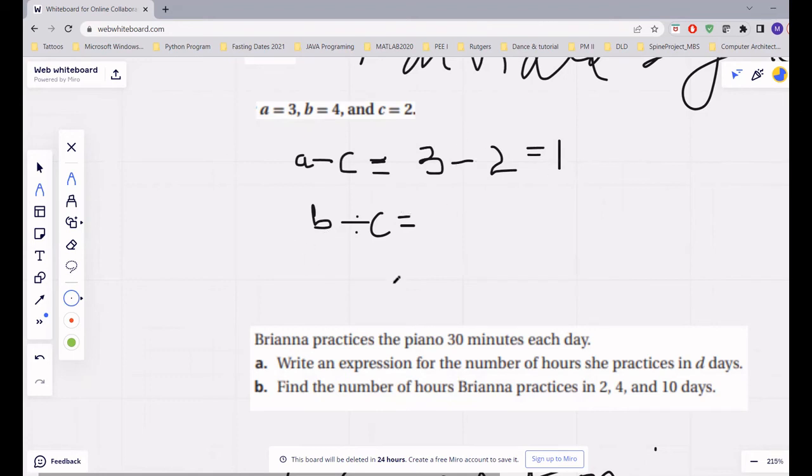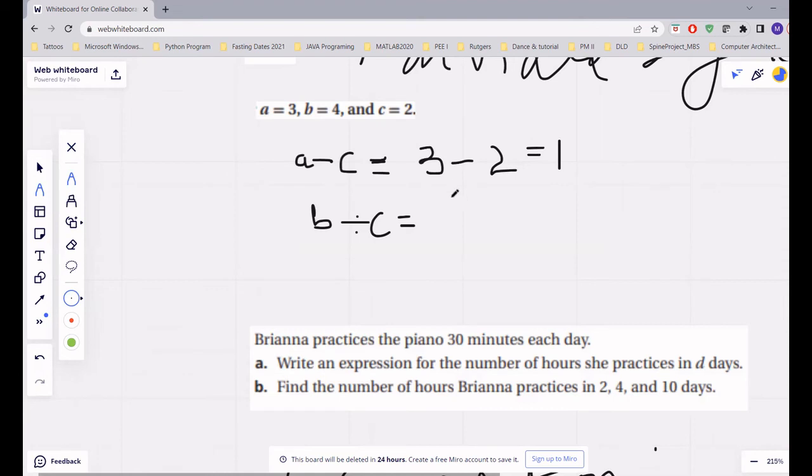Next algebraic expression, I would like you to pause this video and solve it by yourself. Okay, I'm sure you guys have paused it and solved it. So let me do it real quick.